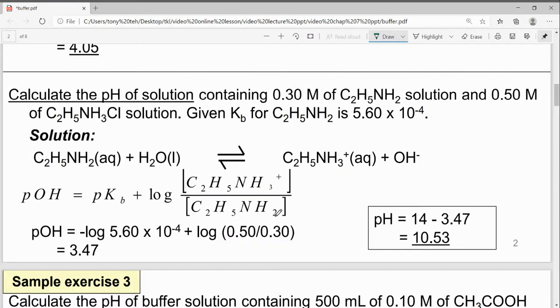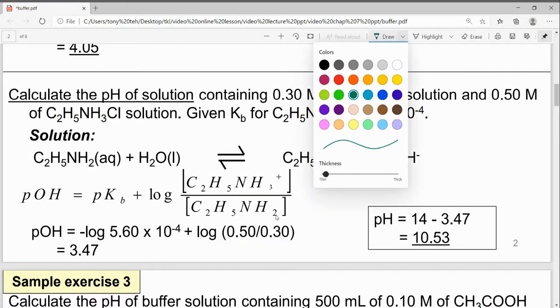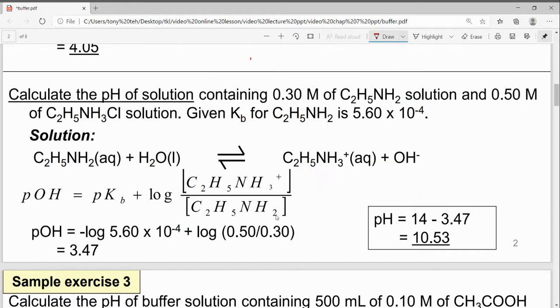How about a basic buffer solution? It is the same. When we look at it, it is given Kb, which means it's a weak base, and this is the salt.